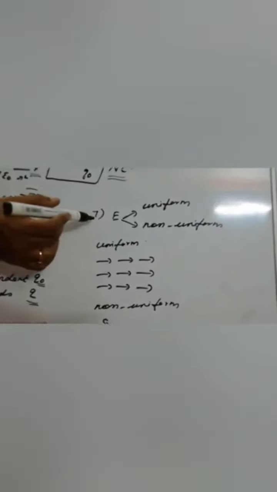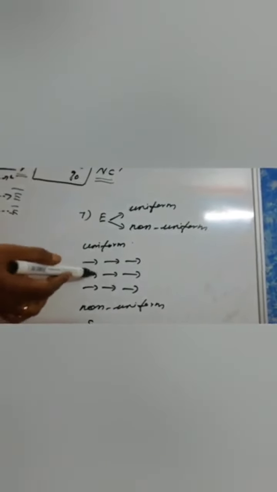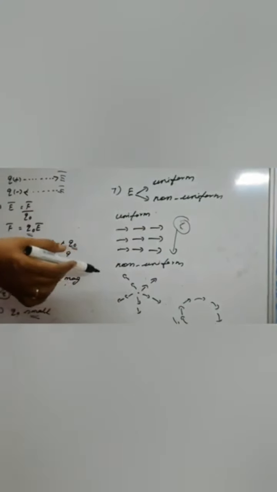Seventh and last point: there are two kinds of electric field, uniform and non-uniform. In a uniform electric field, the magnitude and direction are the same, but in a non-uniform electric field, there are different directions and different magnitudes. The electric field created by a point charge is basically non-uniform. See the diagram.